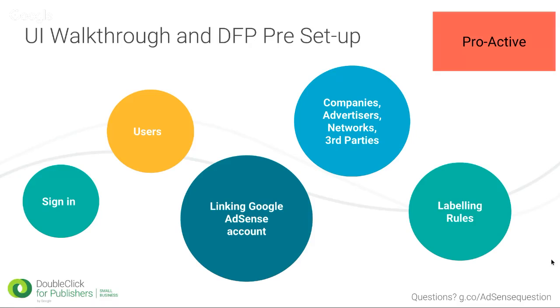Then you can add your company's advertisers, ad networks and third parties. And finally, you may wish to set up some labeling rules as well. So what we're going to do now is take you into the DFP user interface, just so that we can show you a basic guide to how to set up these things.